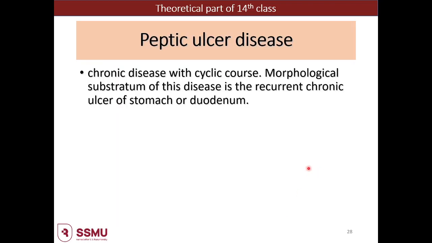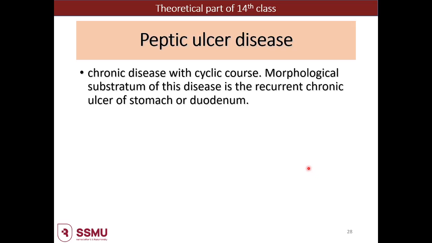So, as an outcome of chronic gastritis, we may see formation of peptic ulcer disease. And peptic ulcer disease is a chronic disease with cyclic course. This disease can have a period of remission and a period of rise of the pathological process.